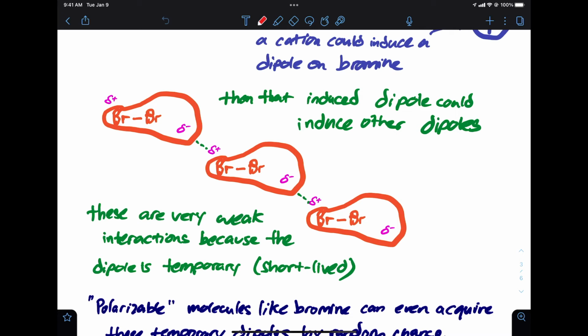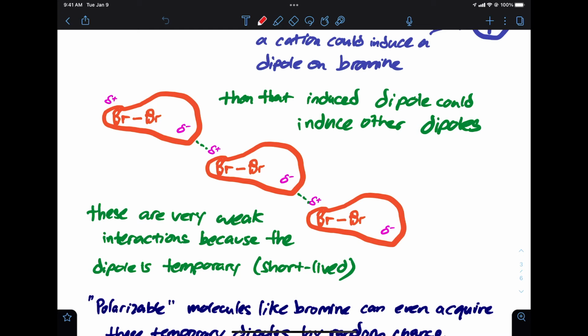So the reason why bromine is a liquid, but chlorine is not, is because bromine being bigger has a more polarizable electron shell. And so its molecules can interact by virtue of these minuscule induced dipoles and create a liquid.